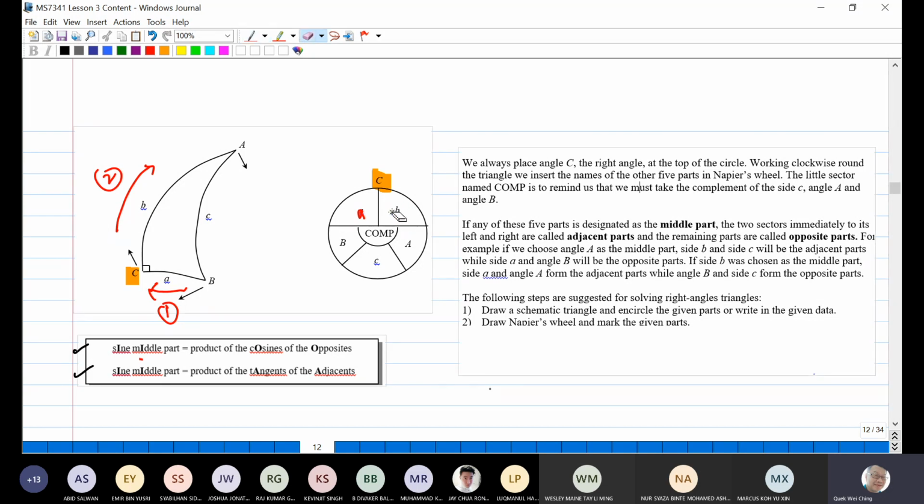So this is 1 here, 2 here. Then you encounter angle A, so this is 3 here. Okay, angle A. Let me put in color here.